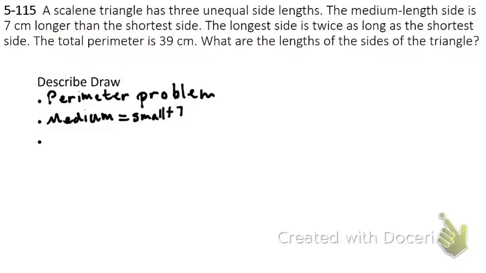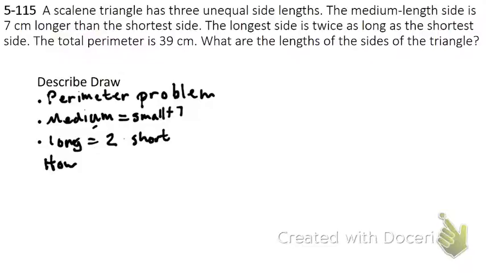And the longest side is about twice the size of the shortest side. Now this is me writing out some of the words, those essential things. One thing I'm also going to make sure to write out in my description is what is it even asking about?